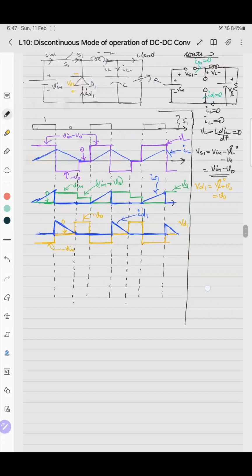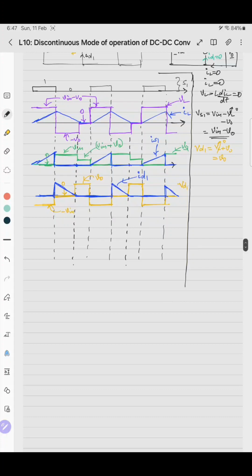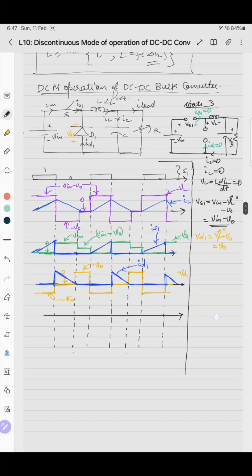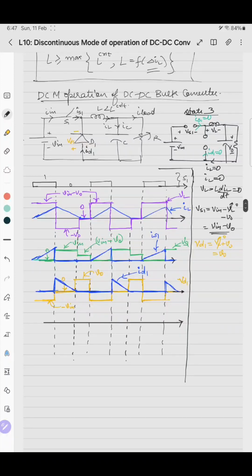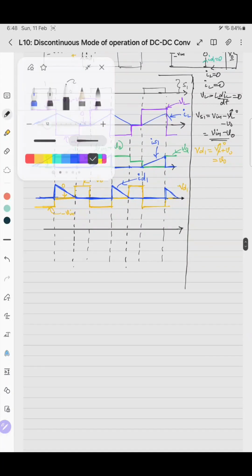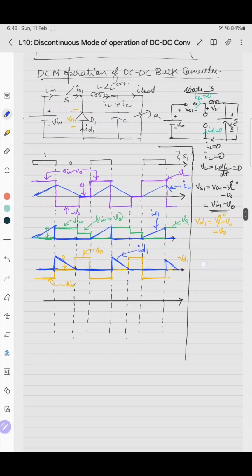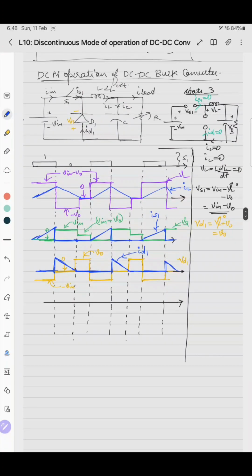Now we'll go to the last element, that is the capacitor. What happens in a capacitor? We'll draw the capacitor current. So the capacitor current is nothing but the inductor current brought down. So we will bring down the inductor current waveform by a value equal to the load current.